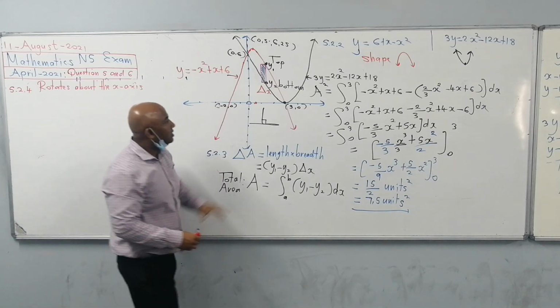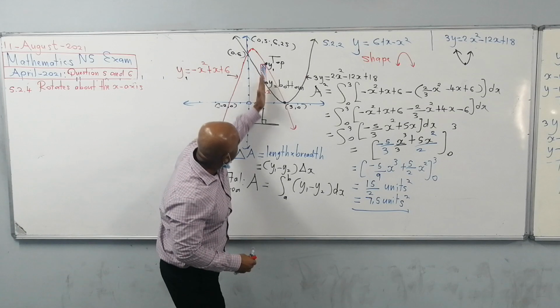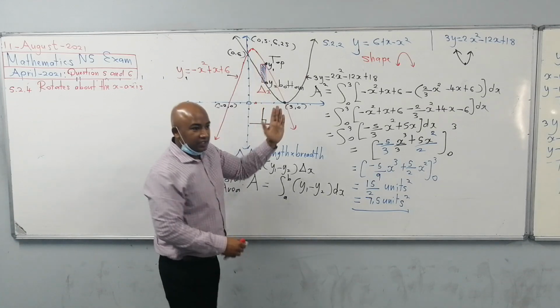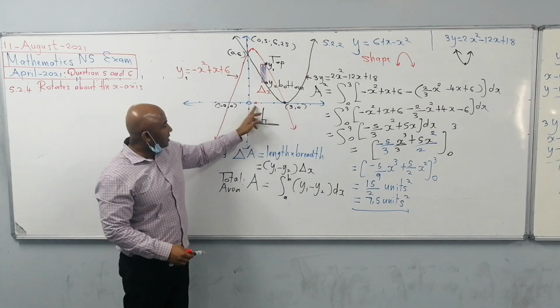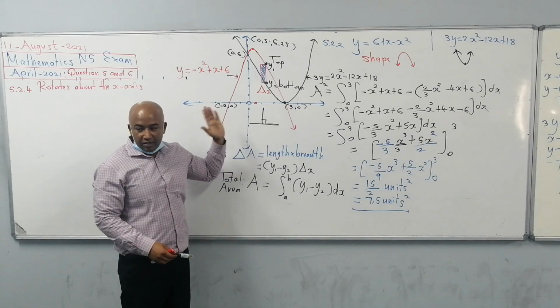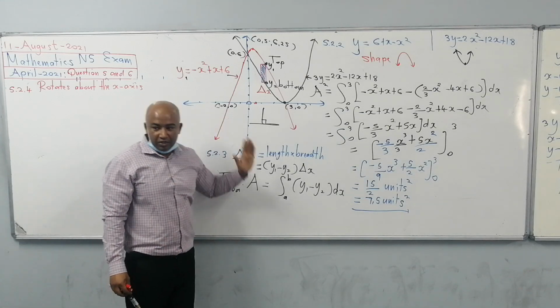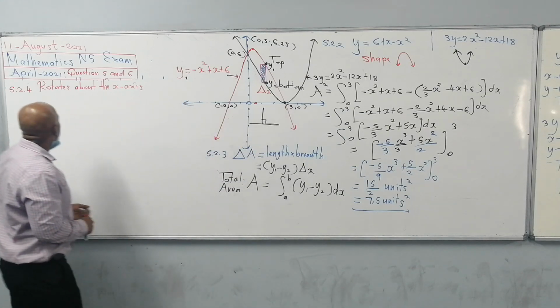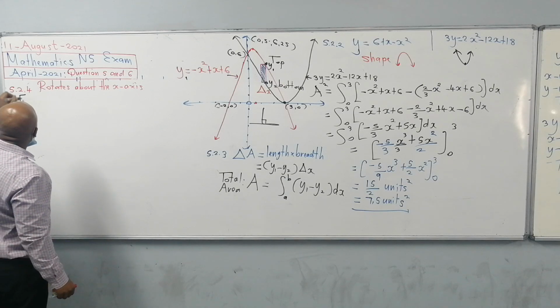If you erase this part and you draw it all the way down here, your rectangle is going to be intersecting the x-axis at 90 degrees, so it is perpendicular to the x-axis. Right, so now, let me just do a quick summary here.